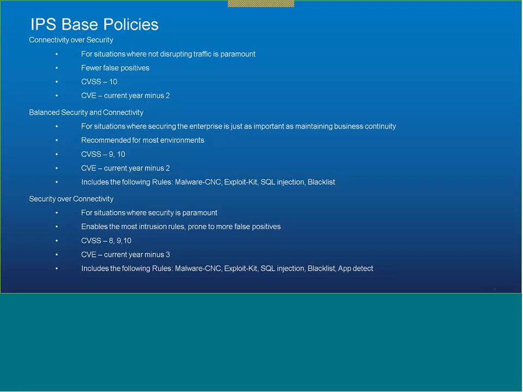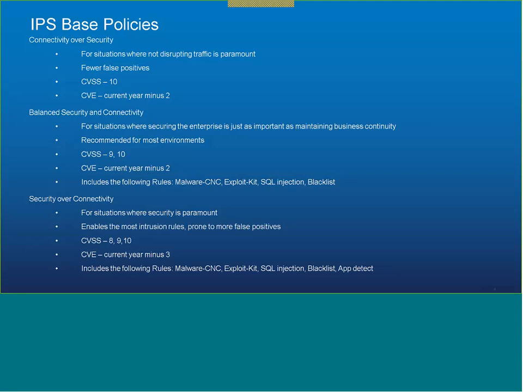So that's why when we look at security over connectivity, it's got a lot more rules to turn on, because the criteria to turn on and enable the rules is broader from a CVSS or vulnerability score and from a time period. So we're obviously going to have a lot more.